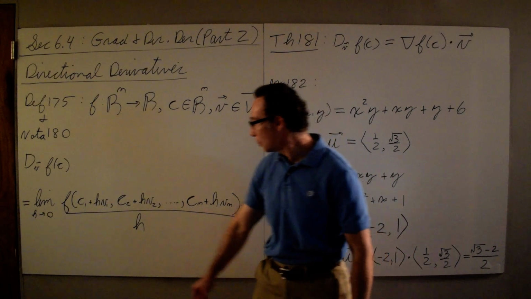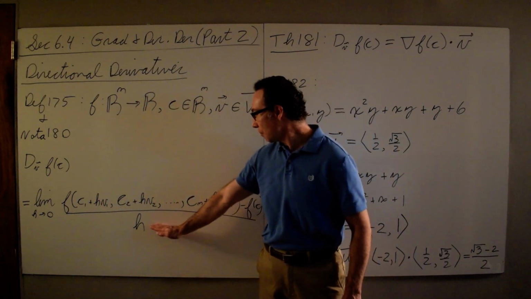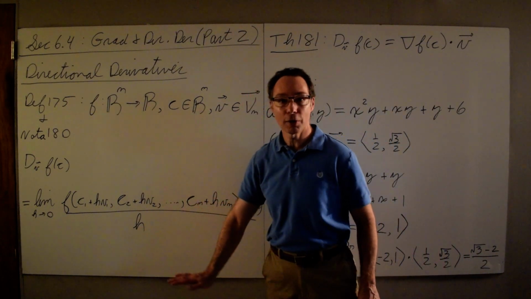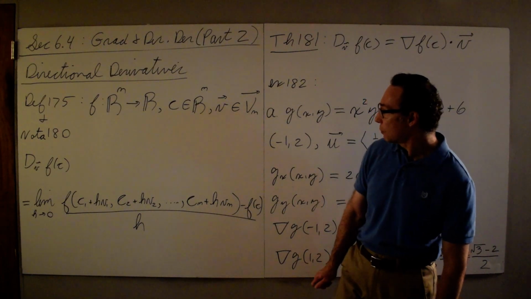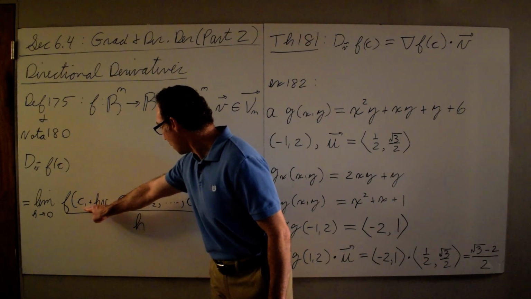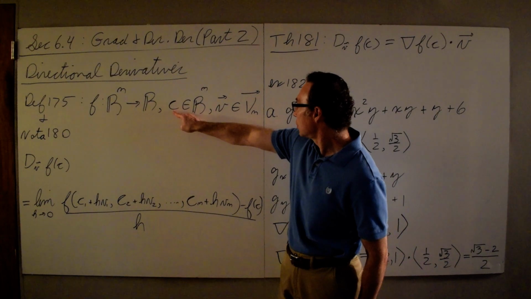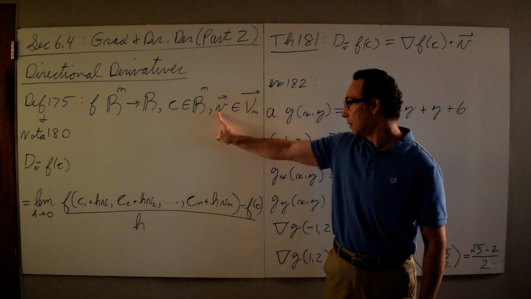What we do is we take the limit as h goes to 0. We don't have a vector, so we're not looking at the magnitude of h going to 0. h is a real variable. f is a function of n variables, so we have c_1 plus h times v_1, where c_1 is the first coordinate of c and v_1 is the first component of v.